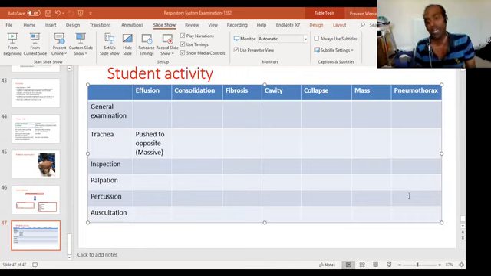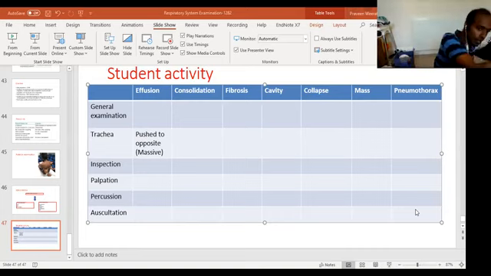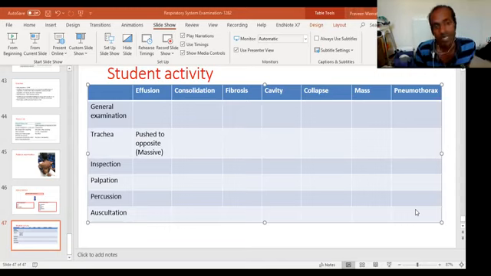So the net effect could be in the midline. So in a massive effusion, the trachea is pushed to the opposite side, but remember, it can still be in the midline because the underlying lung can collapse, and the net effect of pushing and pulling because of the collapse is in the midline.